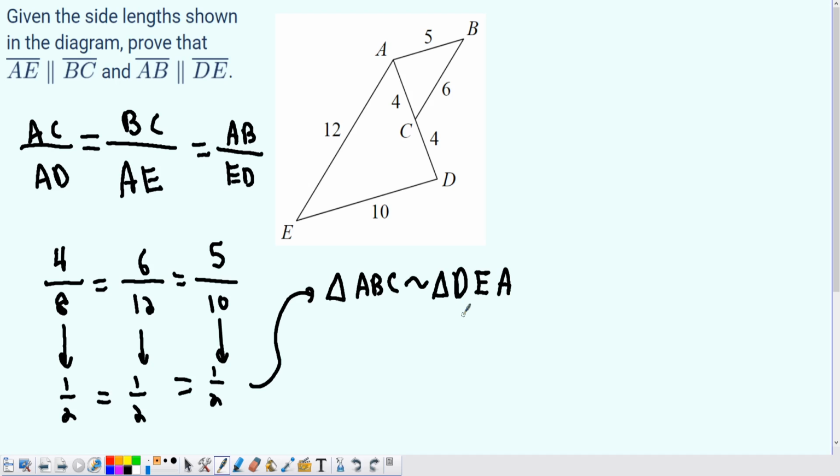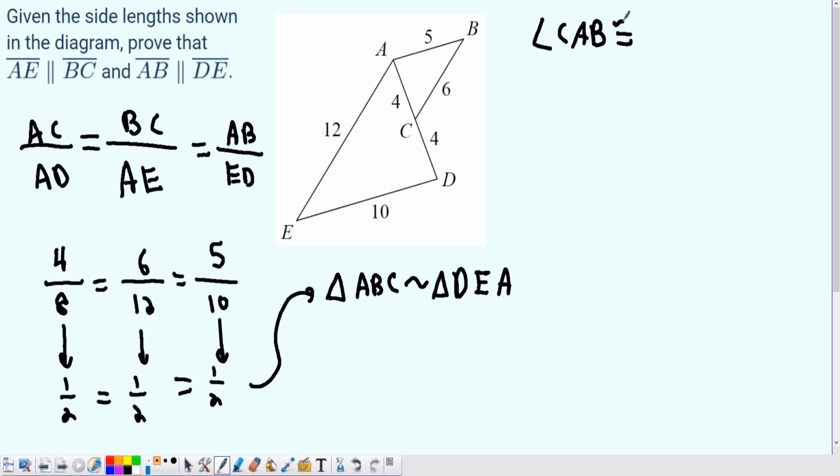So now that we know that all these ratios are the same and the triangles are similar, we know that some angles must be the same. So what angles will be the same? Well, let's start with angle CAB.